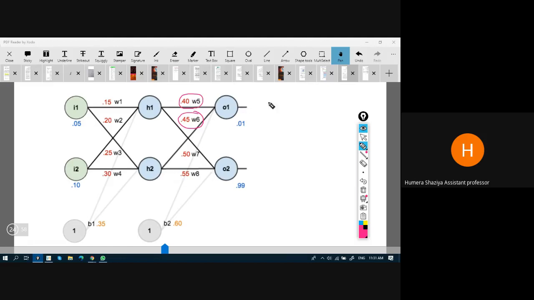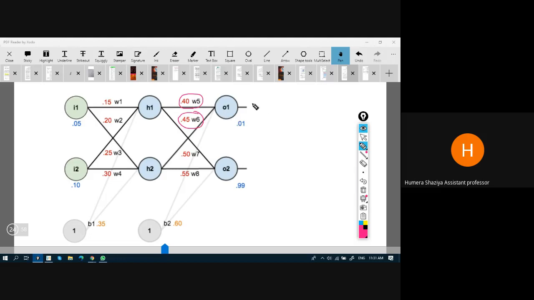Now, what you have to do here comes the chain rule of calculus. If you recall, you might have studied differentiation and partial derivatives. So what you have to do here, you have to find the partial derivatives.